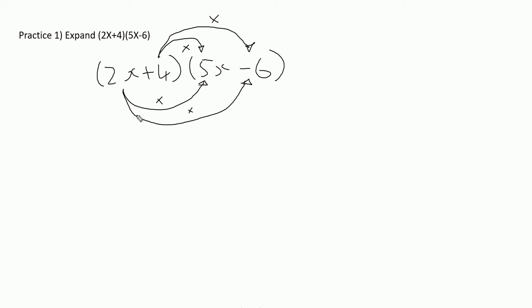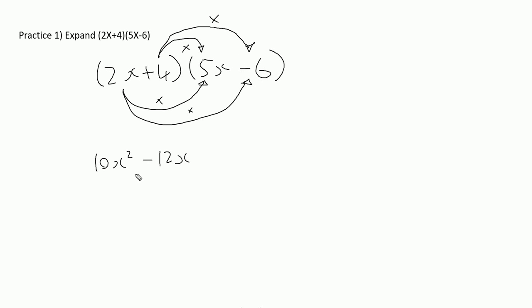So now I do this term multiplied by this term, which gives me 10x squared. And I do this term multiplied by this term, which gives me minus 12x. Of course, being careful to note the minus sign here. This is why I have a minus sign here, because this is in reality 2x multiplied by minus 6 because of this sign here. Very important.